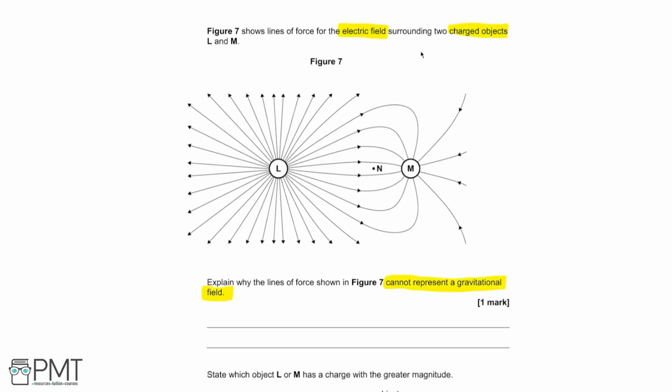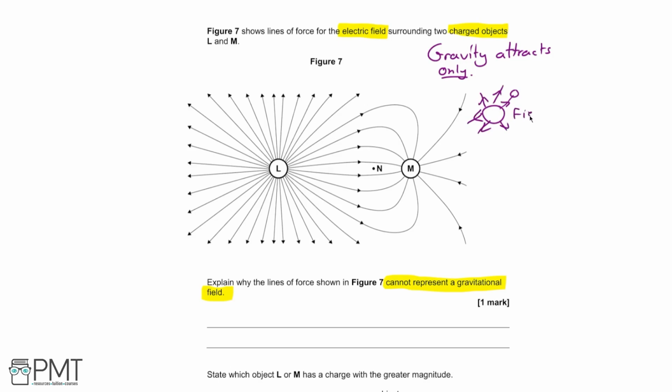In order to do this question, we need to remember that gravity is an attractive force, and an attractive force only. So what this means then is that if I have two gravitational objects interacting, then I can never have the field lines from one object coming out like this.